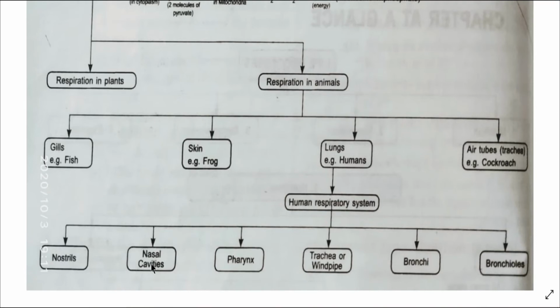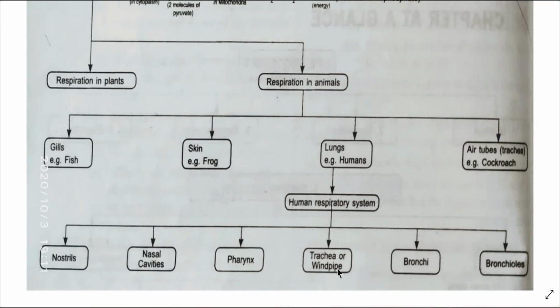So these small hairs filter the air, not allowing dust particles to enter our lungs. Second, the mucus does the same thing, and it makes the air moist. So the dry air becomes moist. Then it passes through the pharynx and enters the windpipe.